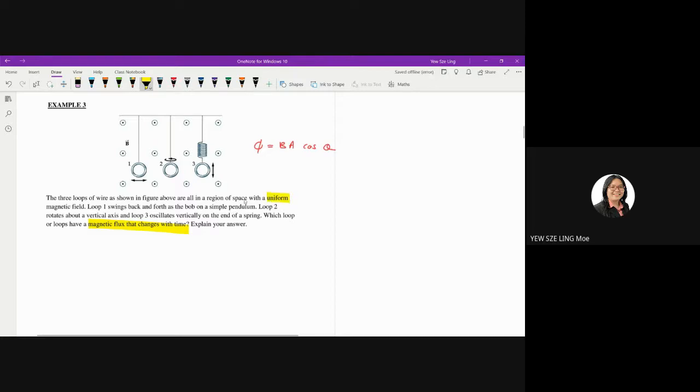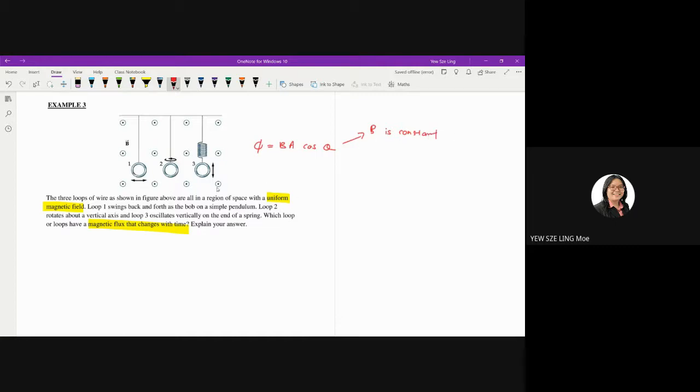The term uniform magnetic field means that you have a constant B. So B is constant according to the information given, meaning that we can remove it from our equation.